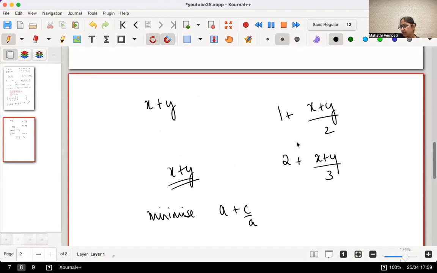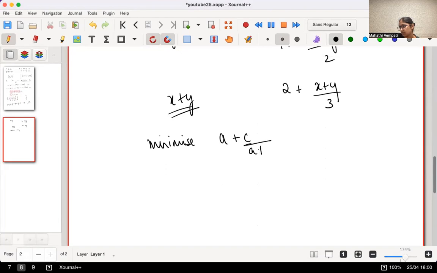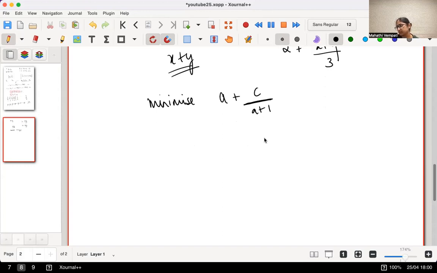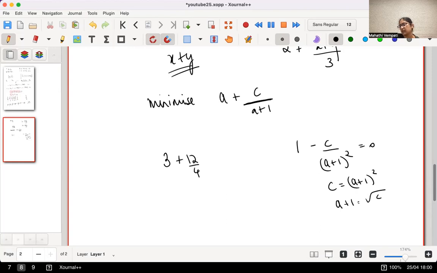The leg length is a plus 1. In this case, it would be 3 plus 12 by 4, I see.